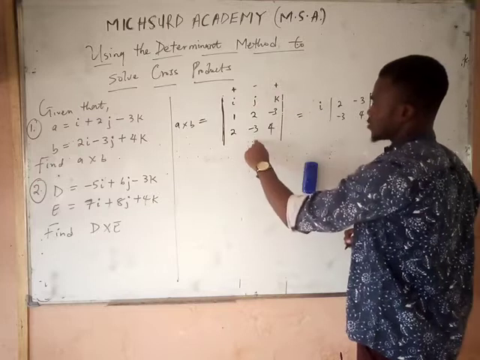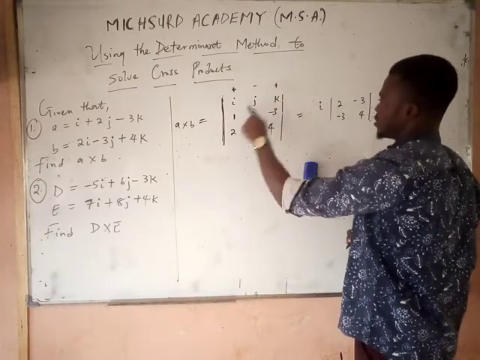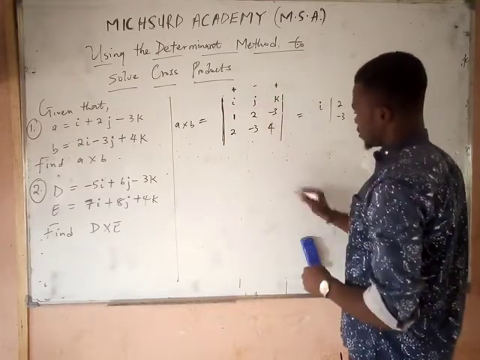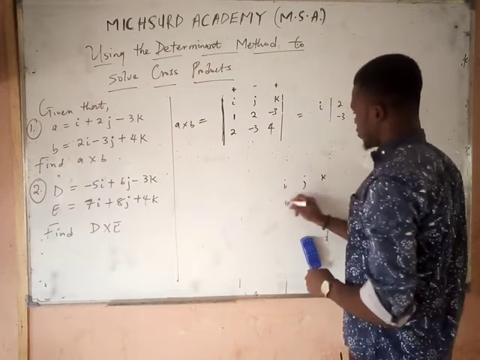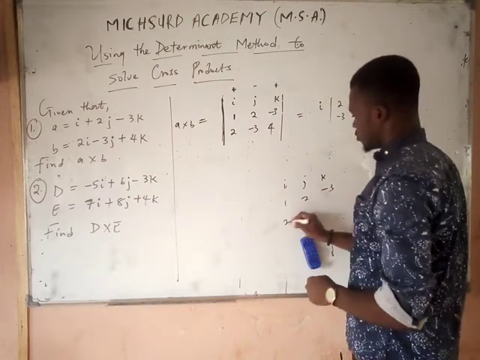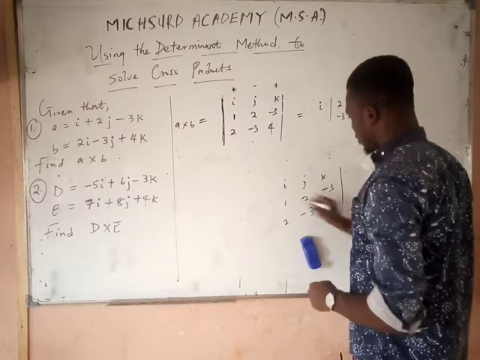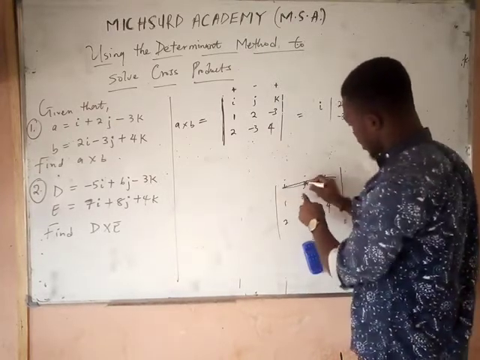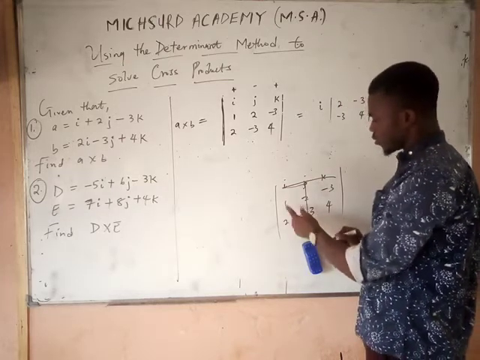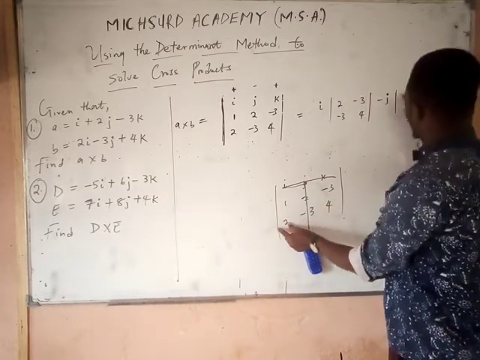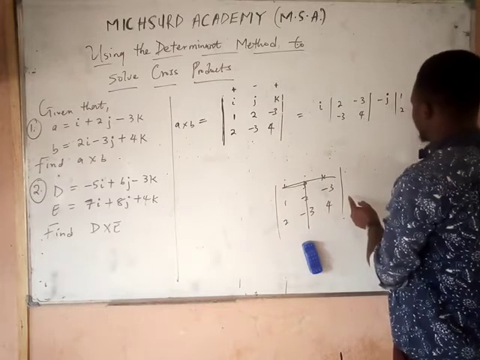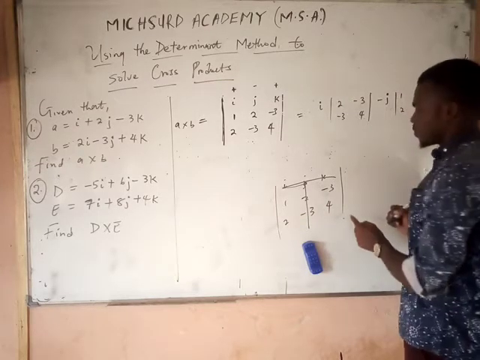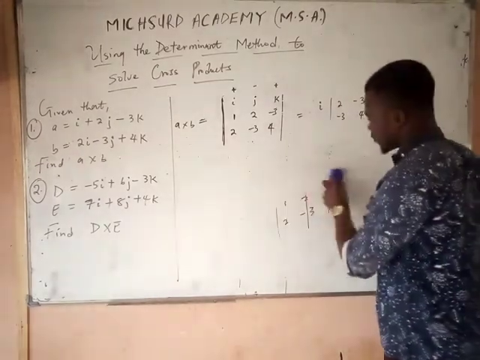So if we have cancelled out this and this, you see that this is what we have: I, J, K, 2, minus 3, 2, minus 3 and 4. Okay, so we place our finger here, we cancel the values here and these ones here. So what we have left will be 1, 2, minus 3 and 4. Okay, that's what we have.